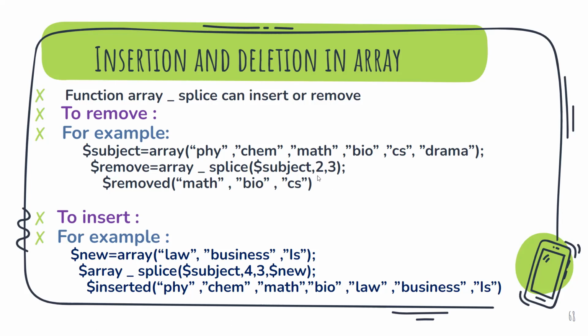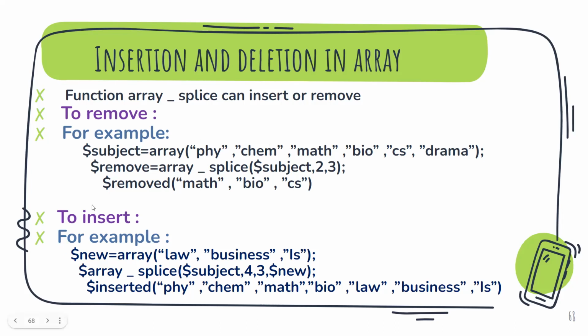So that means whatever the operation that needs to be performed, it must start from index 2. And I'm saying the length must be 3. I did not give any other parameter. So what it does is it simply removes the values from index 2 of length 3. At the second index, math is present, right? So math, bio, and CS will be removed from our subject array.